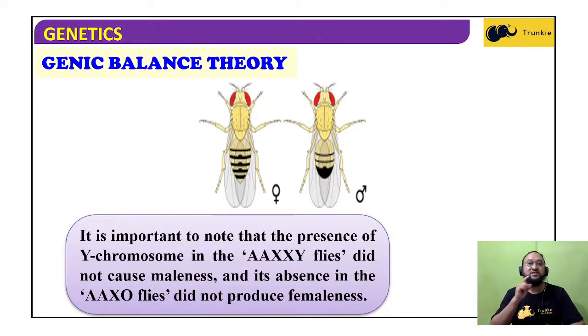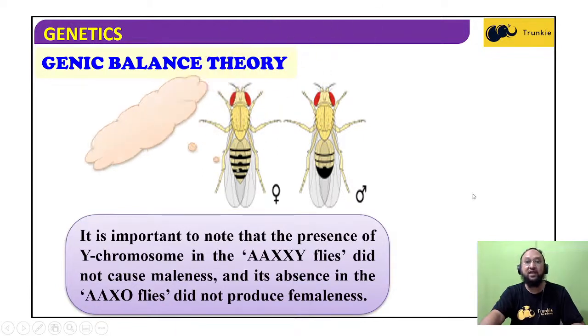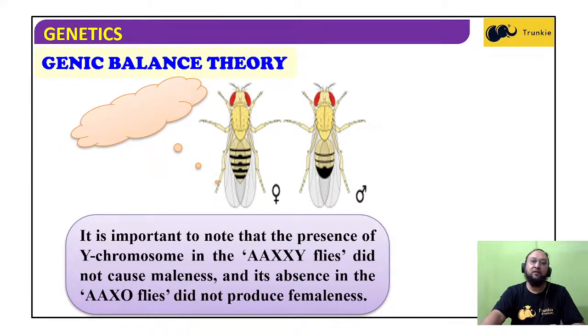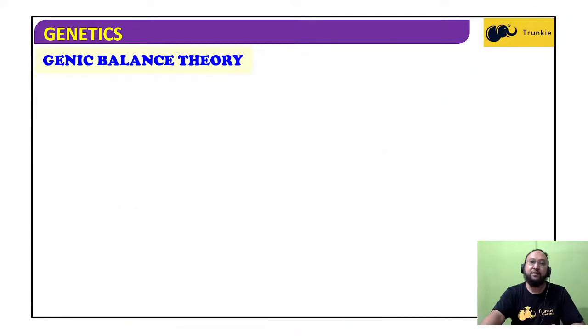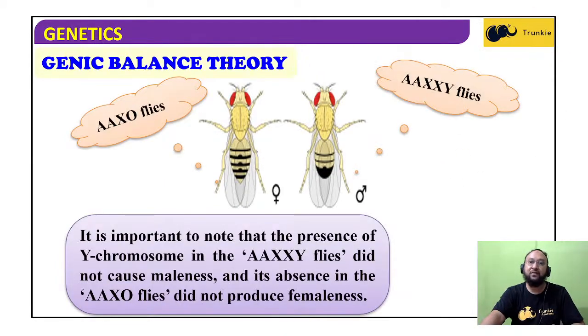It is not the Y chromosome, because even when the Y is absent, it is a male, not a female. After doing research, he came to know that it is the autosomes, AA, that cause the maleness, in AAX0 flies and AAXXY flies.